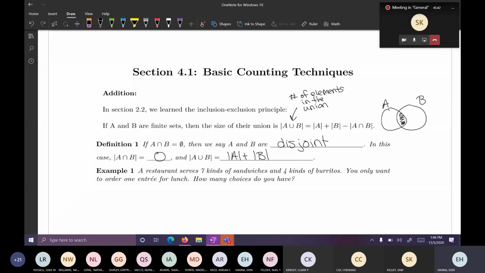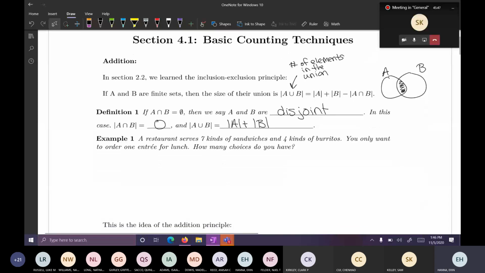So what we're eventually working up to, well, we'll just see in examples. Say a restaurant serves 7 kinds of sandwiches and 4 kinds of burritos, and you only want to order 1 entree for lunch. How many choices do you have? Well, 7 plus 4. But thinking about this in a bit more generality, you have 7 sandwiches and 4 burritos.